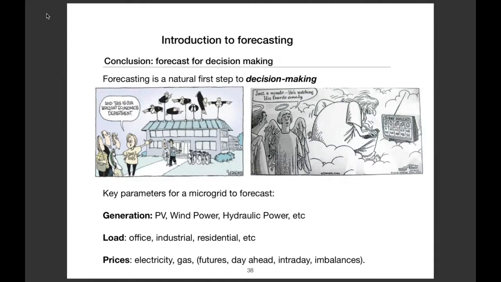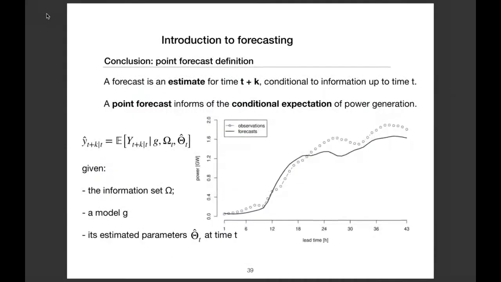But you forecast for decision making. You do not forecast just for forecasting. So you have to keep that in mind. What is a point forecast? What you have to keep in mind is that a forecast is an estimate of something, a random process. So for instance, PV generation, but it is an estimation. It is not the ground truth.